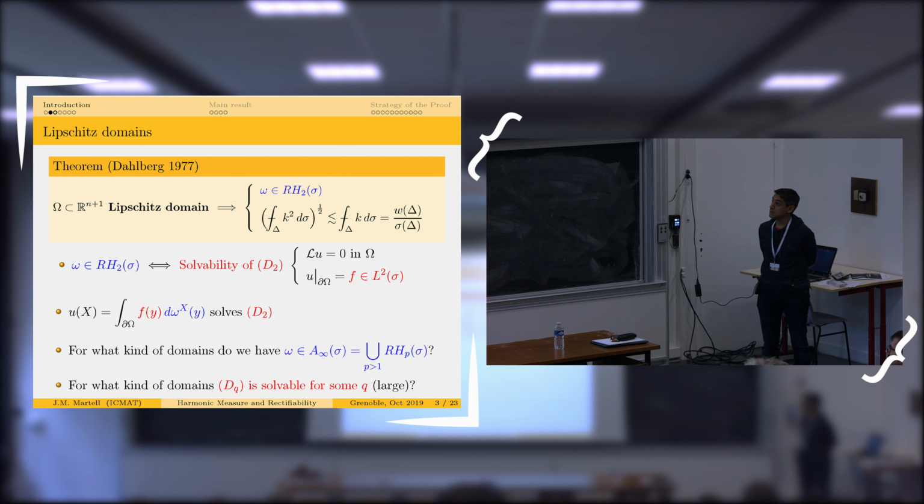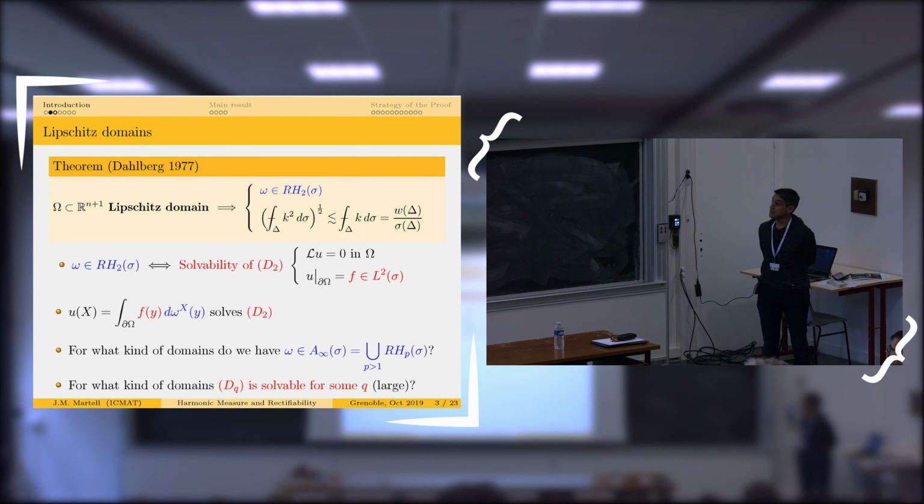So what does this mean? This means that not only is this object absolutely continuous with respect to sigma, where sigma is the surface measure on the boundary of the Lipschitz domain, and I denote by k the Radon-Nikodym derivative of omega with respect to sigma, but you also have this reverse Hölder inequality, which tells you that this Radon-Nikodym derivative has L2 integrability.